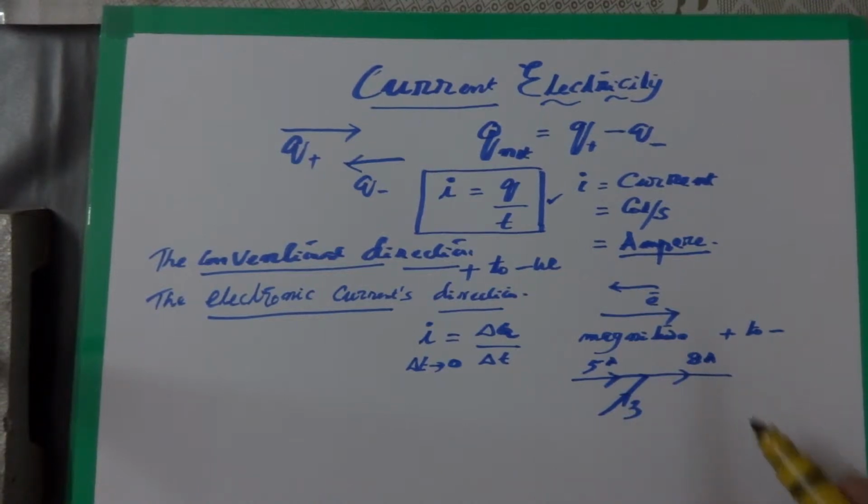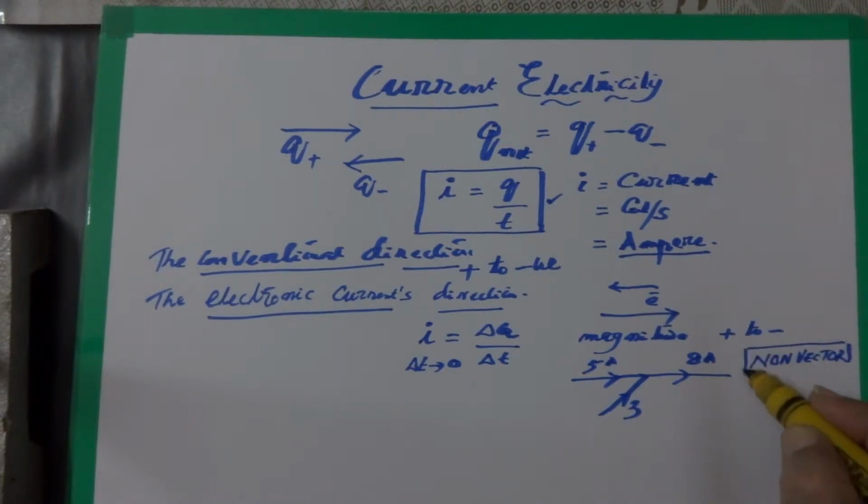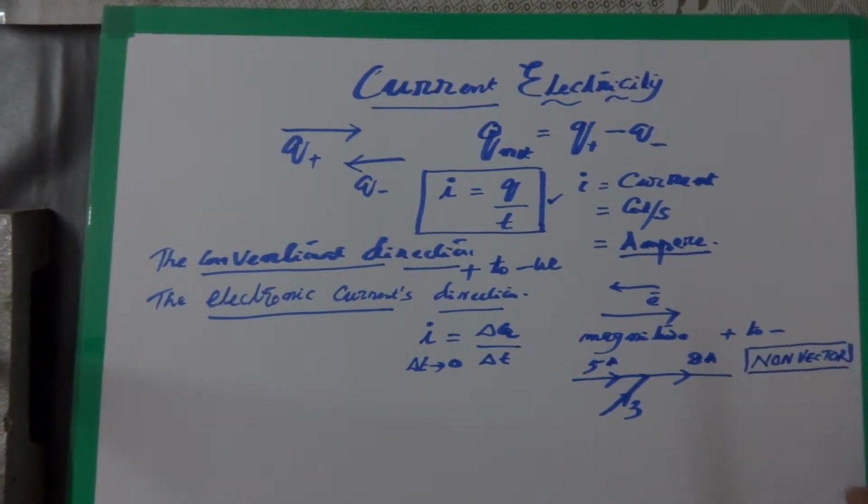So one should not be confused that current is a vector. It is a non-vector quantity, even though it has direction and magnitude, because it is not obeying the law of vector addition.